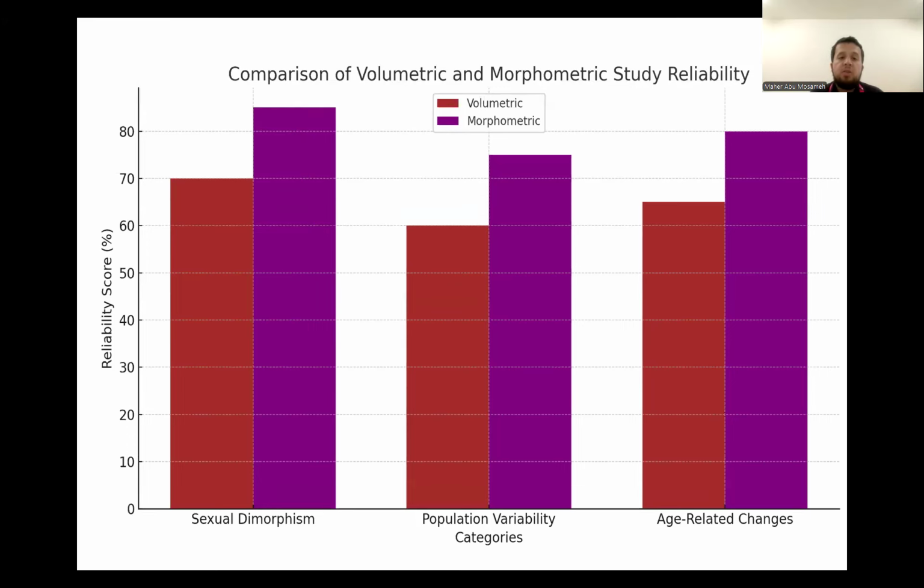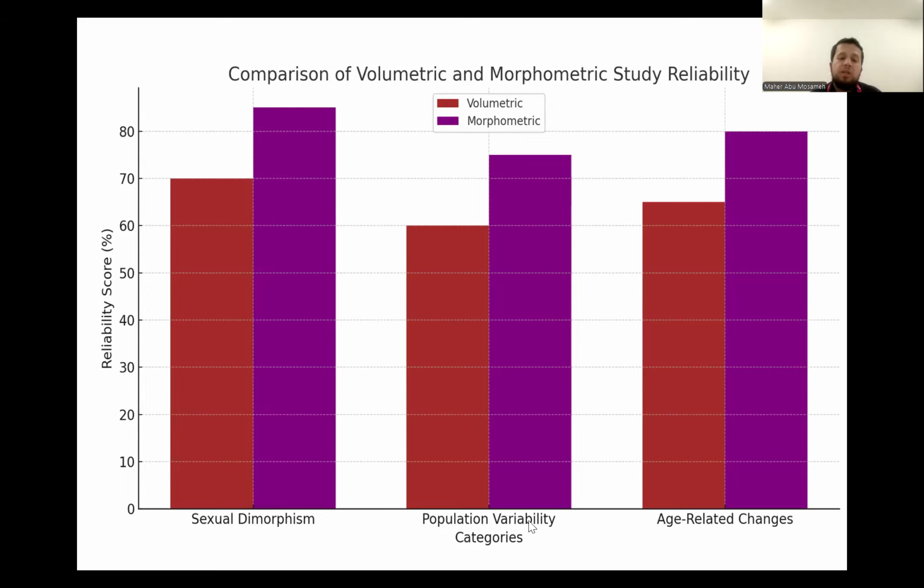So morphometric analysis show score above 80% with regards to sexual dimorphism, and it is likely because the shape-based metrics capture very minute anatomical variation, which is better for sex estimation.